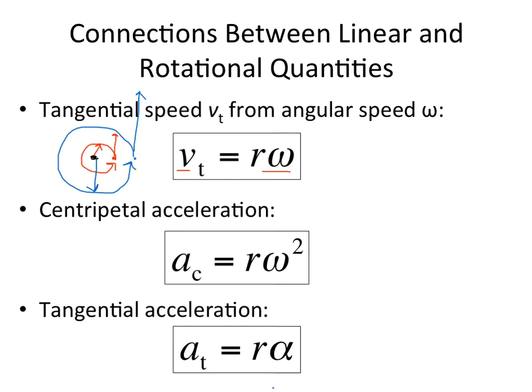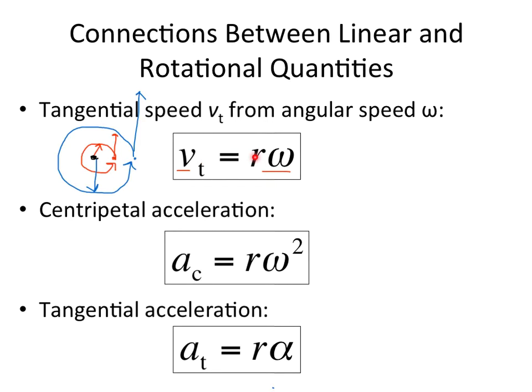So we say that the tangential velocity, the linear velocity we might say, is equal to the radius times the angular velocity. Now, remembering which side of the equal sign the r is on sometimes can get confusing to students, and it does to me sometimes.